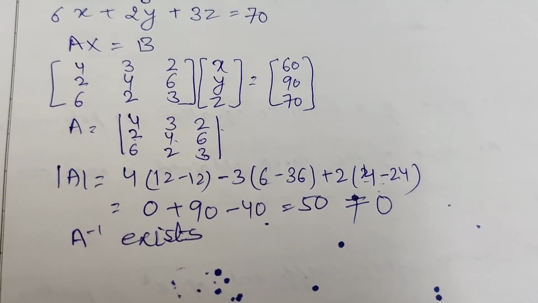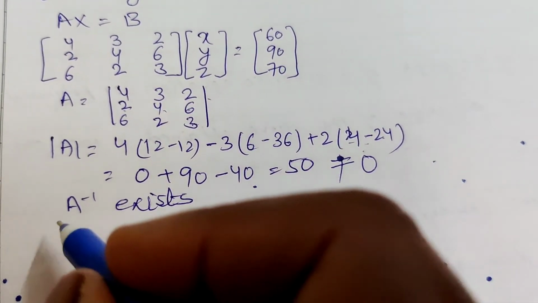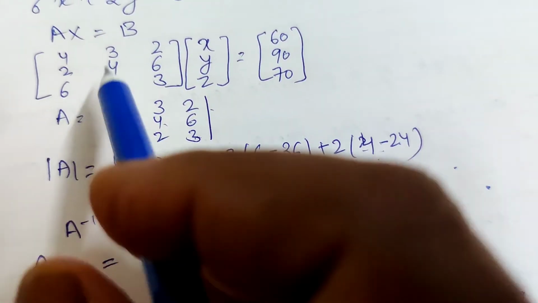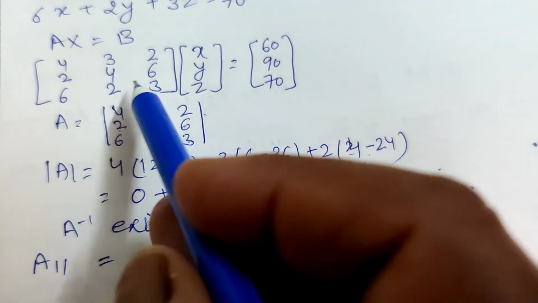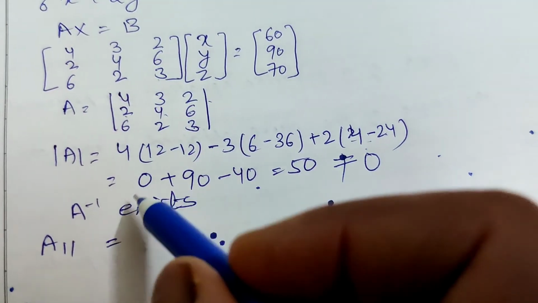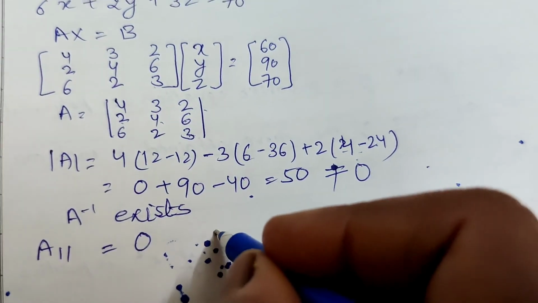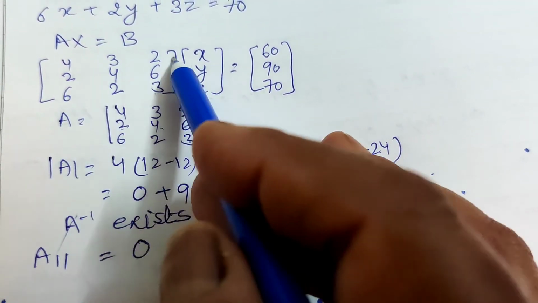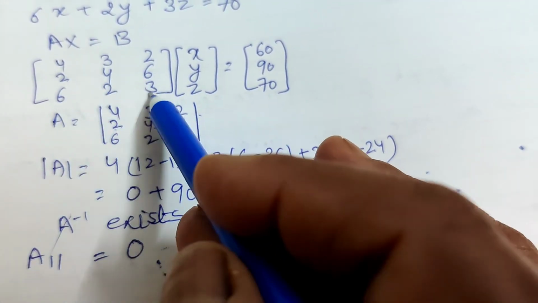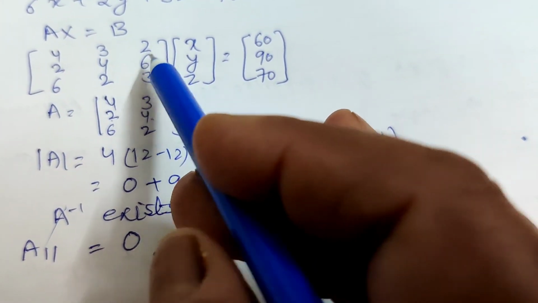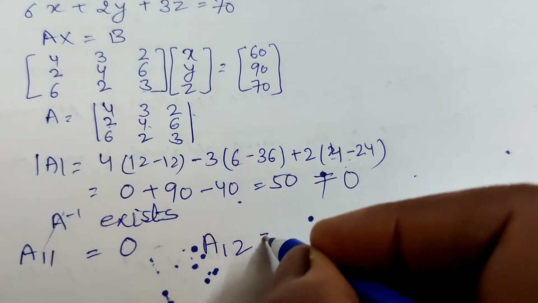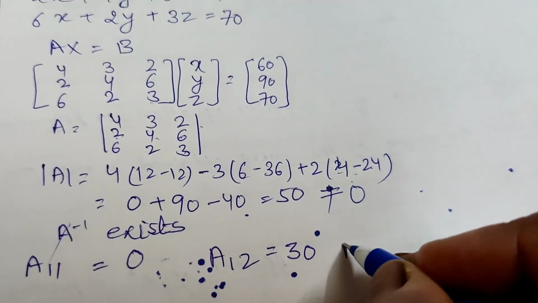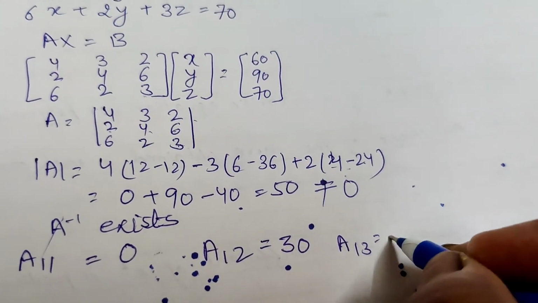Then find the cofactors. First A11, first row and first element, 12 minus 12, it is 0. Next A12, first row second column, it is 6 minus 36, and with the minus sign it will go 30, and same A13 equal to minus 20.